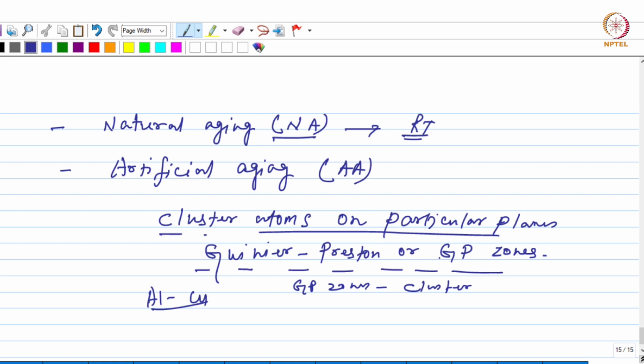That in turn will create some lattice strain, and as a result, the movement of dislocations will be hampered and the strength will increase. Right, so this is what we have seen in the previous class also, that the strengthening in case of natural aging occurs due to the formation of GP zones only, and the precipitates are yet to form in this case.